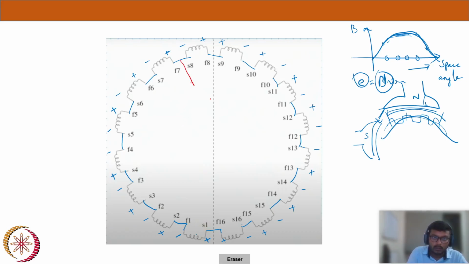At each junction, what I will do, I will draw a conducting wire. At the end of conducting wire, I will take a thick copper strip.